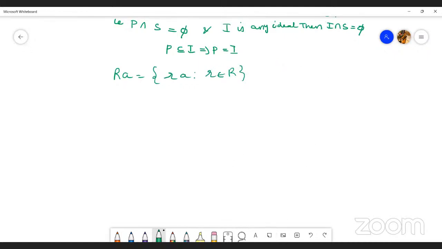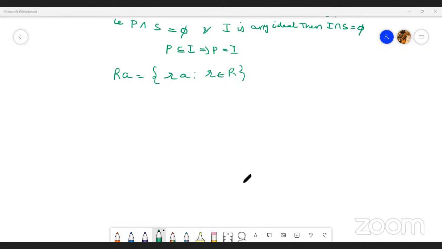So what we will prove now, you take ideal I as P plus RA, ideal J as P plus RB. Now P is a subset of I and J. Otherwise, A belongs to I, B belongs to J. So therefore, you have P is a subset of I and P is a subset of J. And by maximality of P, what do you mean by maximality?